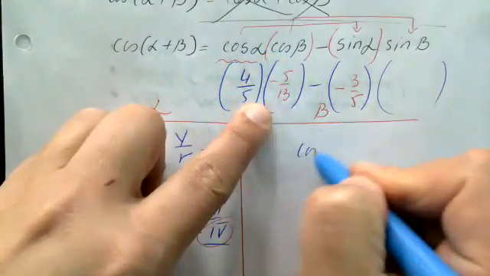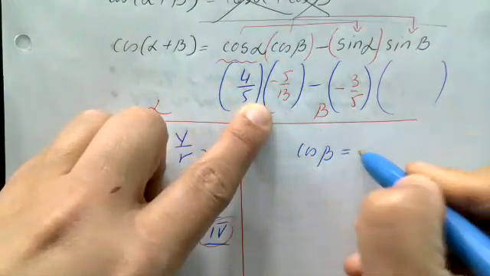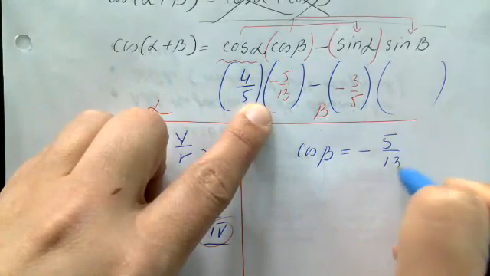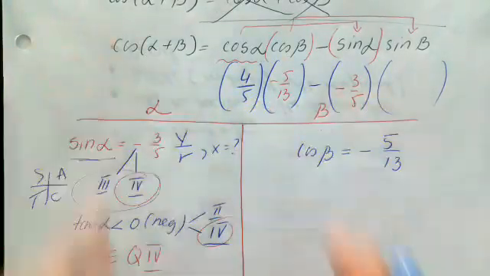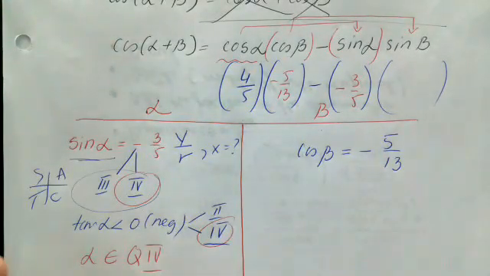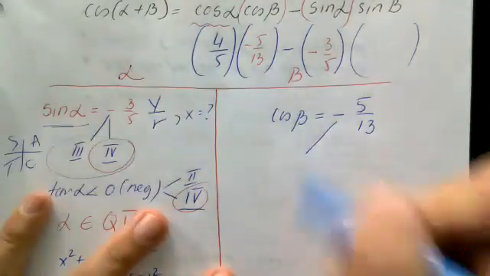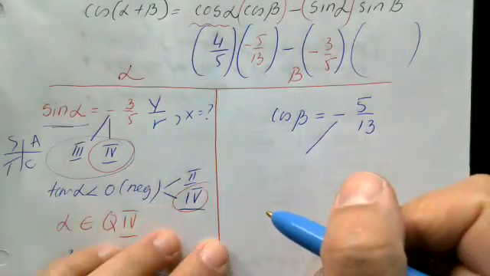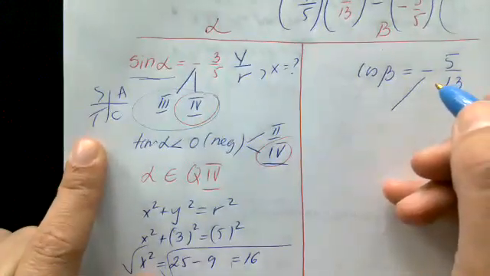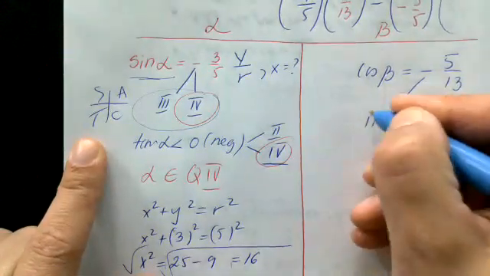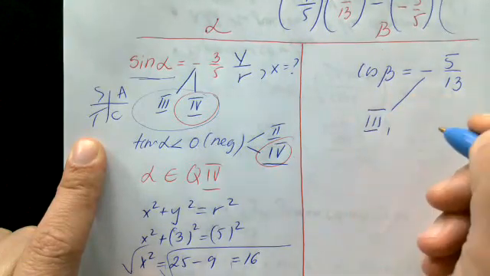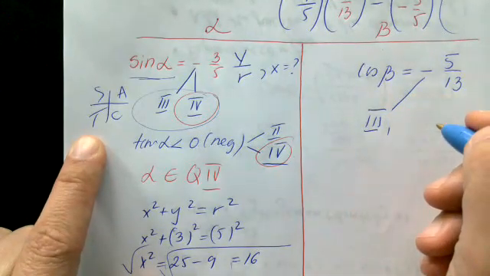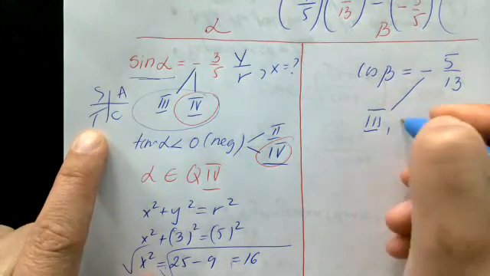Cos of beta is given, -5/13. It's a different angle, so you have to do it again twice. And then you analyze the sign. The cosines are negative in quadrant 3 and 2. That's right.